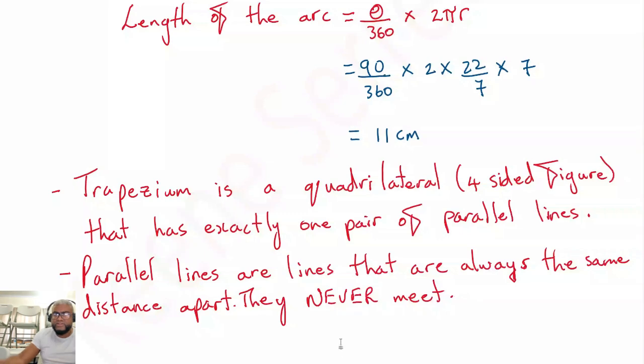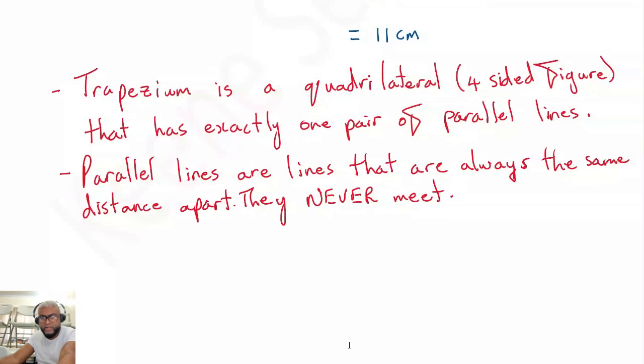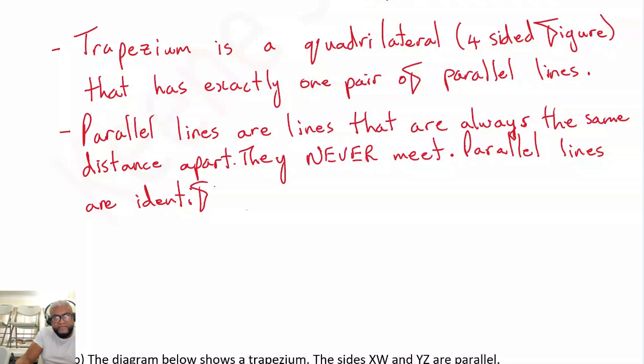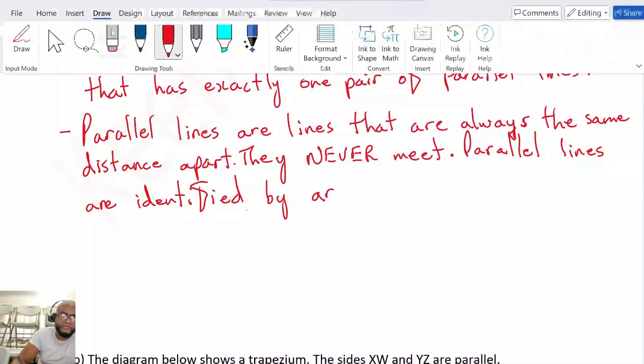Okay? So I'm going to give you all a visual on a trapezium. Oh, something else about parallel lines, right? Parallel lines are identified with arrows.